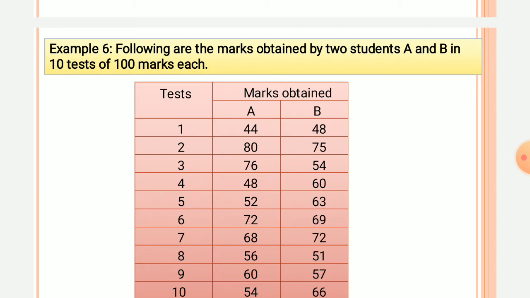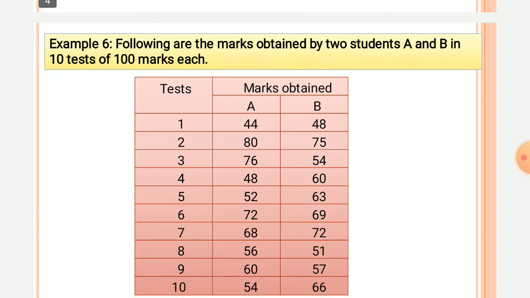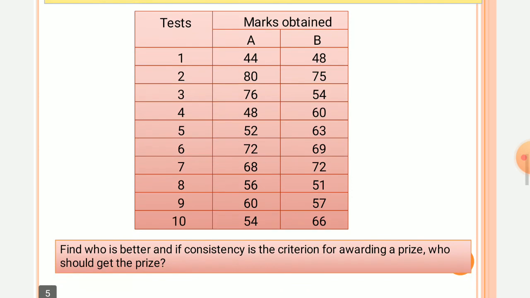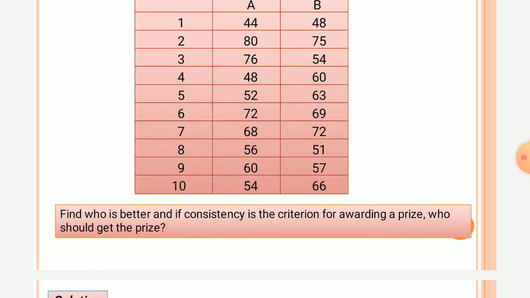With this given data, we have to find who is better, and if consistency is the criterion for awarding a prize, who should get the prize.